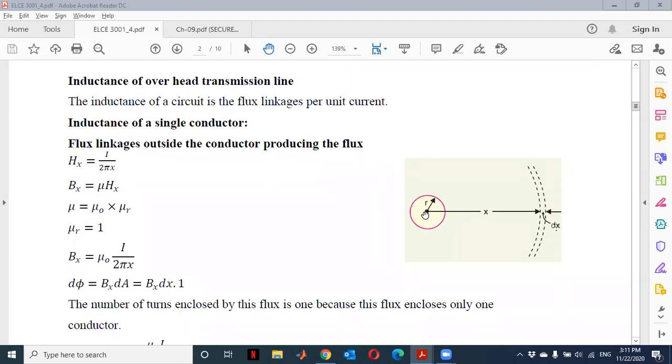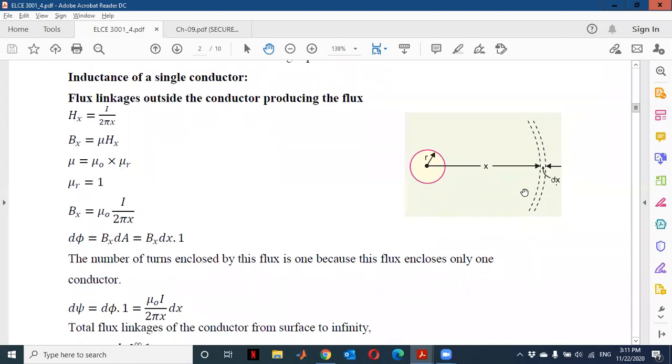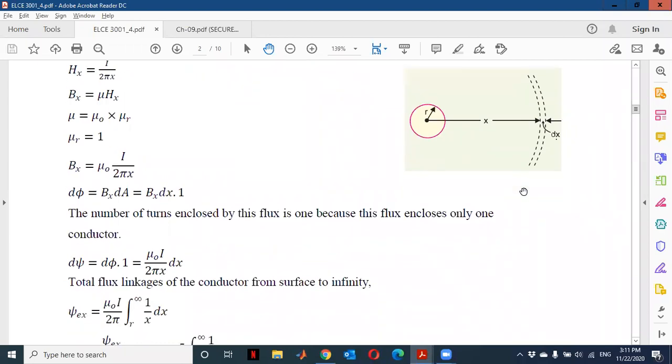Again, we have a flux effect due to the outside of the conductor, and this flux is going from R, or from the radius of the conductor, towards infinity. This is the outside flux linkage of the conductor.